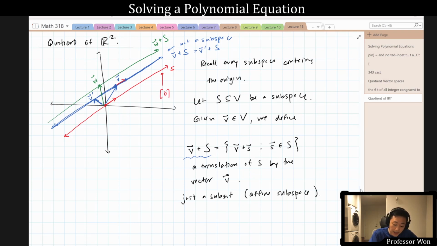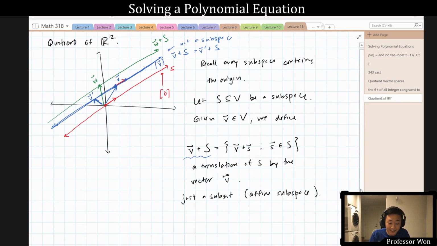Then this blue line is going to be something like the equivalence class of V. It's going to contain a bunch of vectors, but they're all going to be V plus something in S. Just like the equivalence class of 1 consisted of a bunch of integers, but they all consisted of 1 plus a multiple of 5.